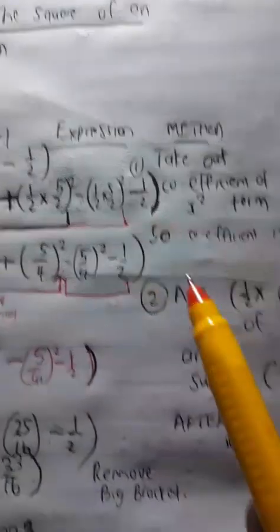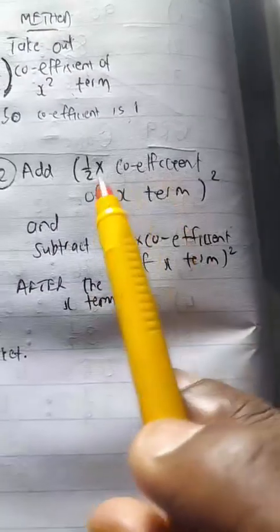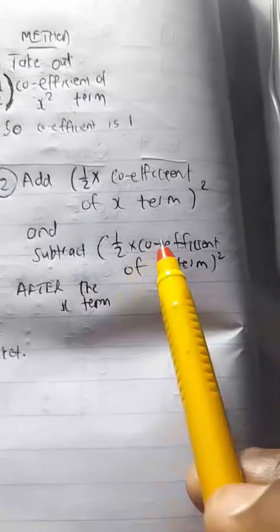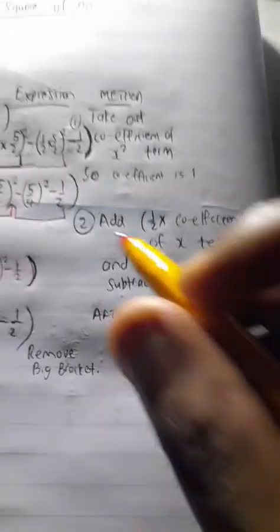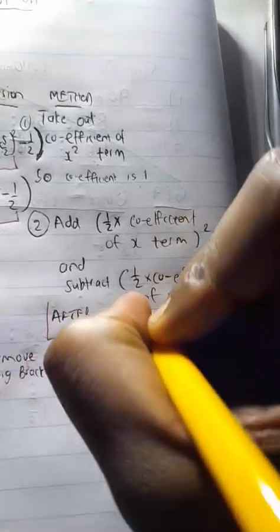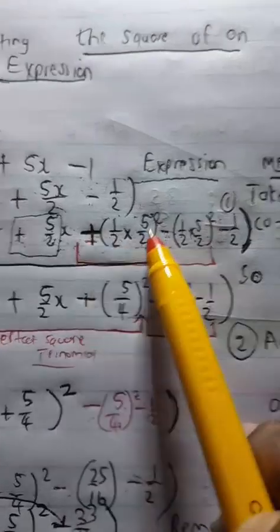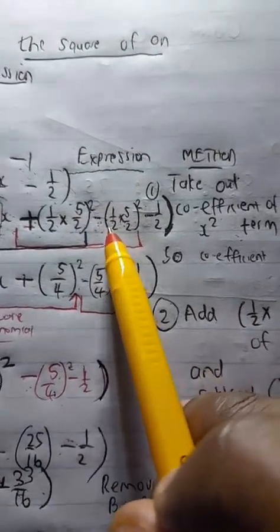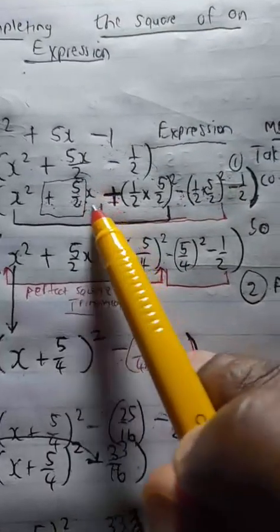Okay, so this is an important step. Step number 2, add half the coefficient of the x term squared, and you subtract half the product of the coefficient of the x term squared. But we do this when? After the x term, like we have done here. We did this addition of the half of the product of the coefficient of x and subtracting half the product of the coefficient of x, the whole thing squared, after the x term.